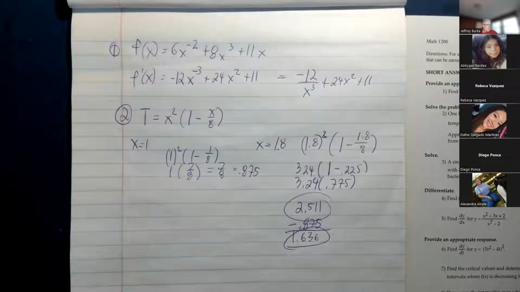Hold on. I have it here. Okay, so I'm looking on the answer key here. They have 1.3. It's a slight difference from what I have.